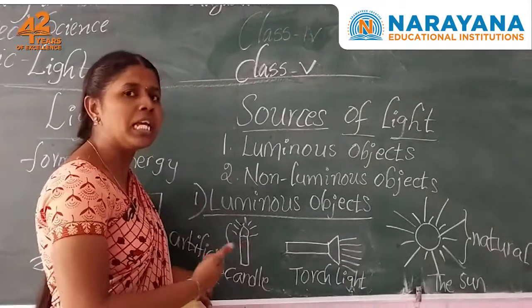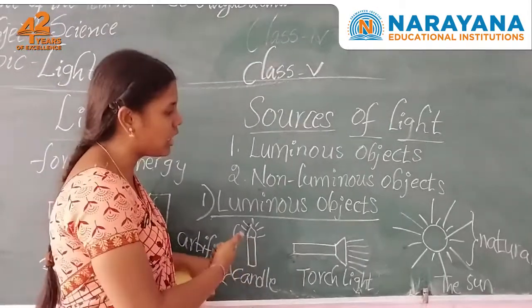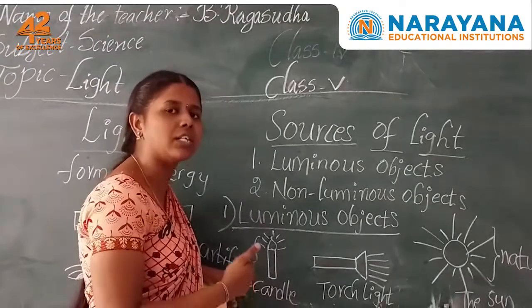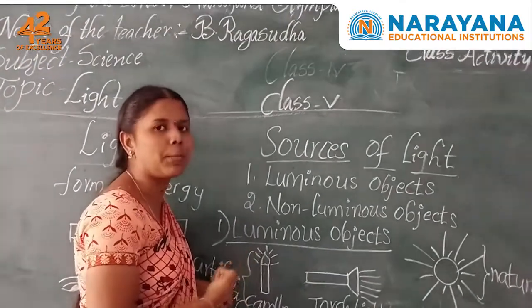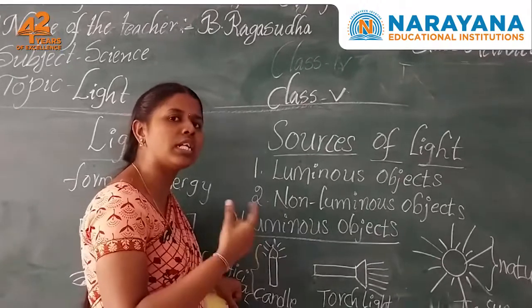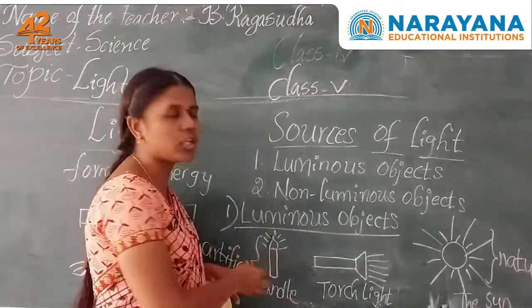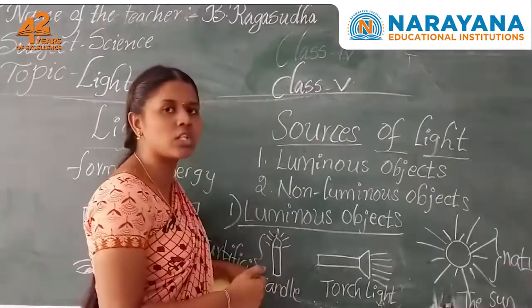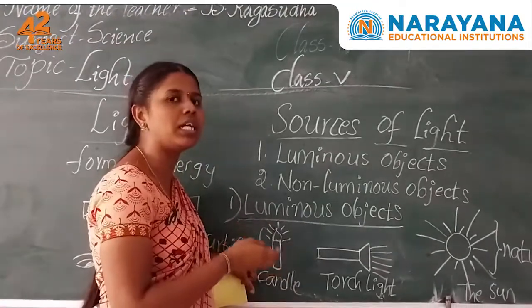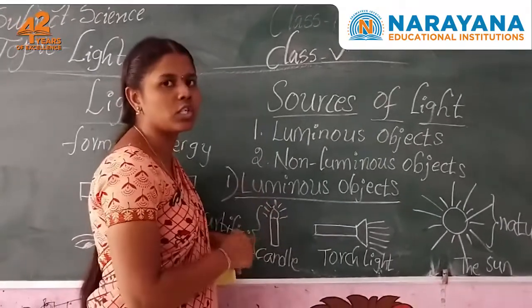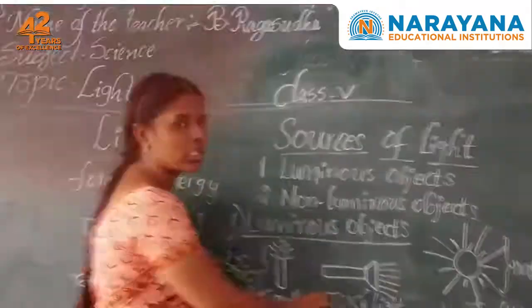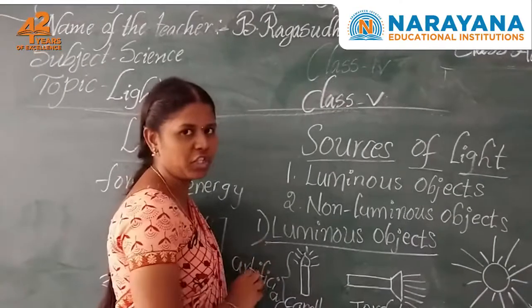That means the light emitted by the candle and torchlight is controlled by man. When we want to light the candle, we light it; otherwise, it does not give light. When the torch is on, only then it gives light, but it does not give light when the torch is off. So, the candle and torchlight are called artificial.